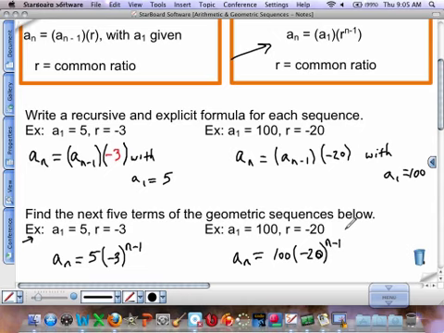That makes sense? All right, your homework tonight, you're going to have to be able to write an explicit formula. You have to be able to write a recursive formula. And then based on yesterday, I'm expecting that you guys know how to use those formulas to get whatever term it is that you're being asked to do.